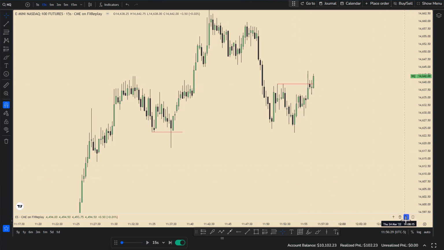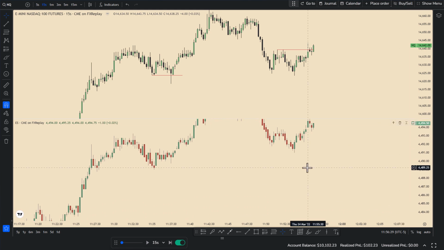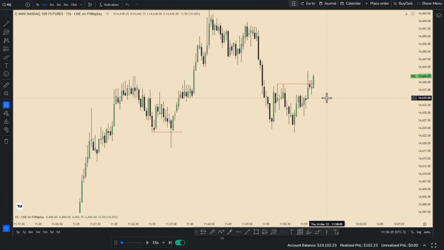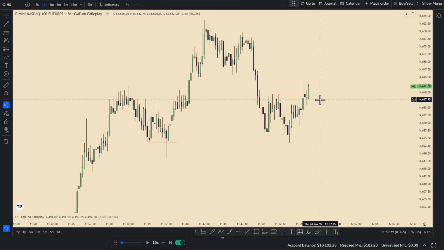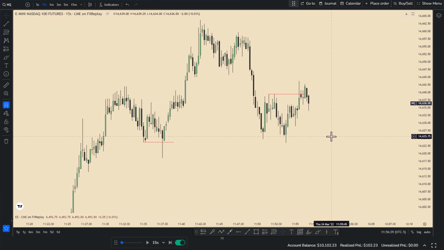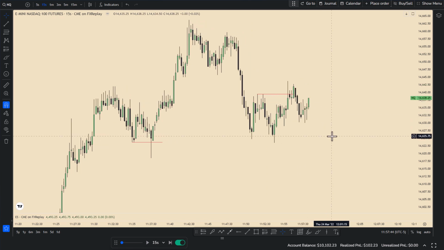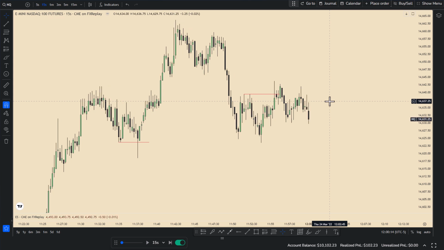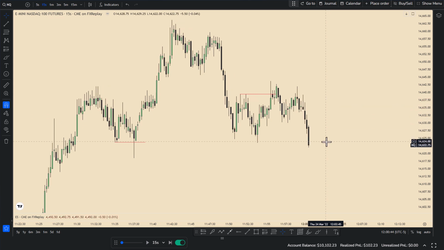Do we have SMC? Or, I'm sorry, SMT, yeah. So, not really. We don't have that. And I don't trust this market structure shift. Yeah, exactly, I don't trust it.